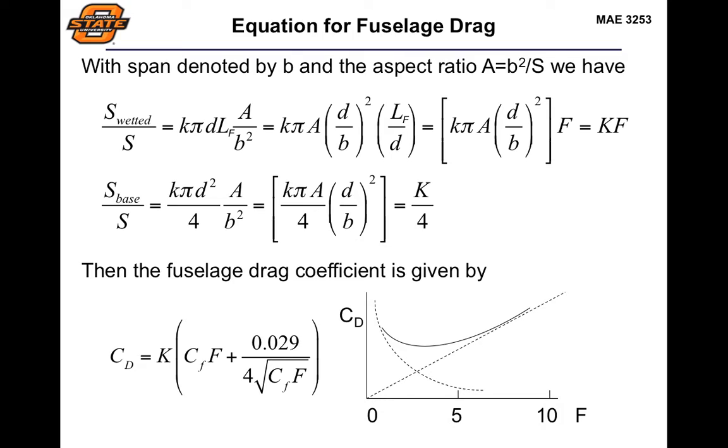Then we can put that back into the previous equation and write that in terms of these geometry components of K and F, which again are just ratios of our overall area.